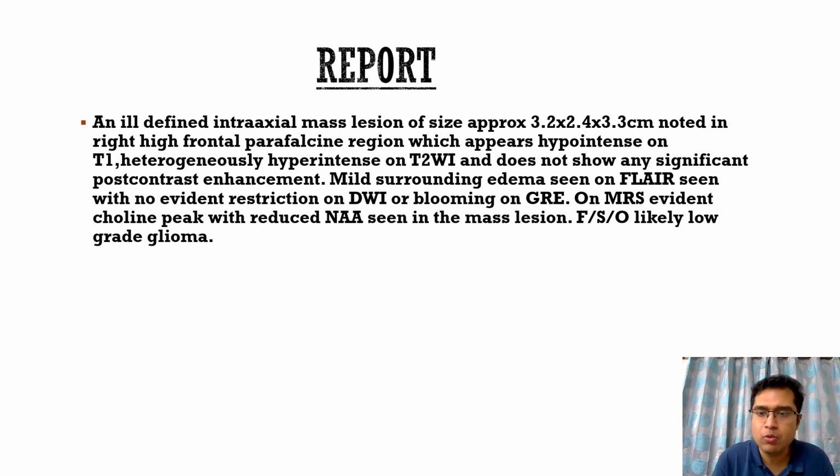Mild surrounding edema was seen on FLAIR images with no evident restriction on DWI or blooming on GRE. On MRS, a choline peak with reduced NAA was seen in the mass lesion with no evident lipid lactate peak, which was suggestive of a low-grade glioma.